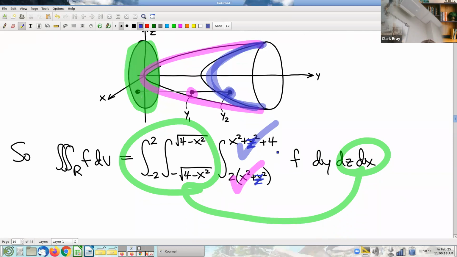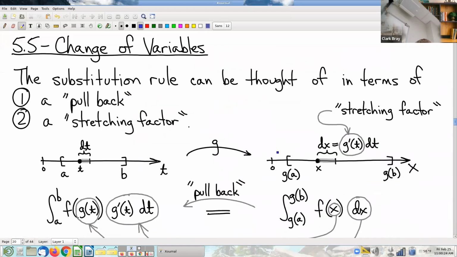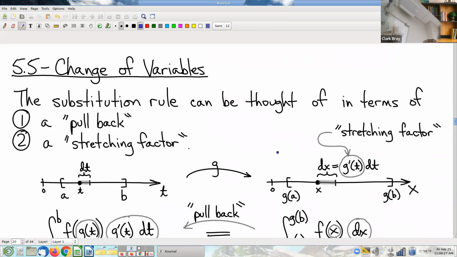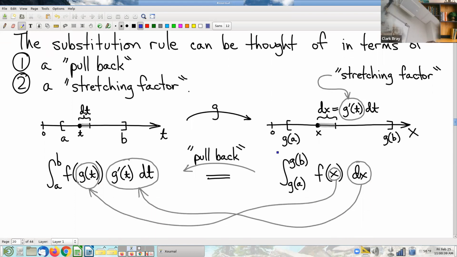Okay. All right. Moving along. Okay, so we've got 5 minutes here to kind of get started in the change of variables section. It's a long section, by the way, one of the longest ones in the book. Anyway, I want to kind of give you a quick alternative point of view on an old concept from Calc 1.